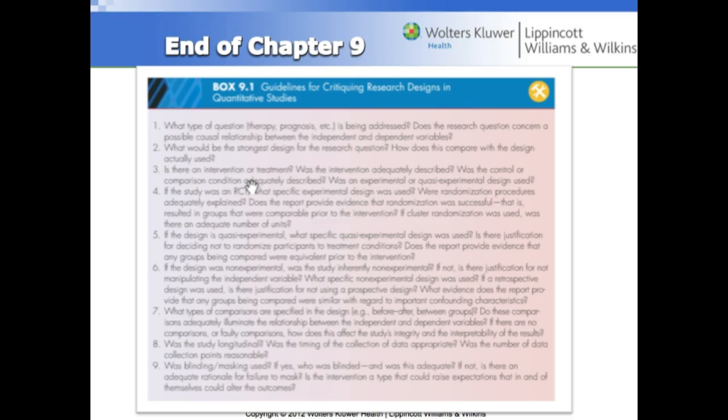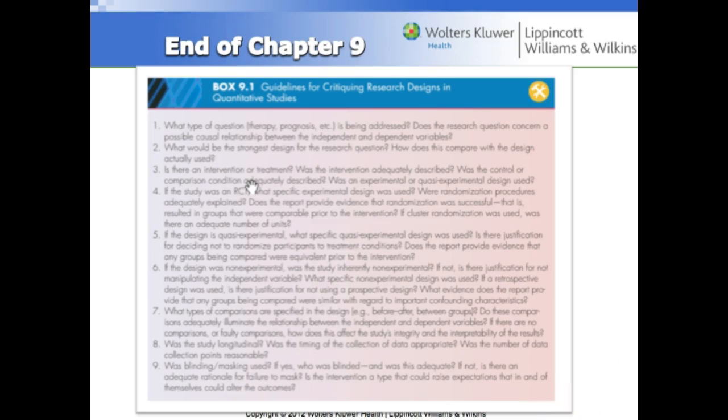And when you're looking at your chapter and getting ready to do some critiquing of quantitative research studies, these are some of the guidelines. You will be provided with the critique tool that you are to use, but always look at these questions that are in the chapter because it just helps you start thinking about what it is that you really want to know about the different types of experiments that you're looking at.